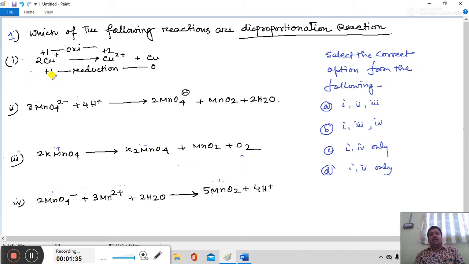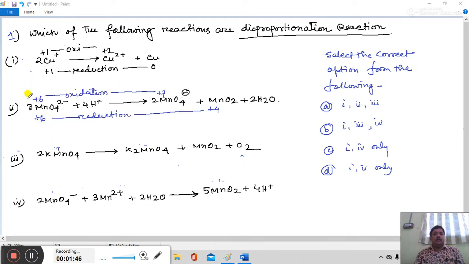So the same atom, copper, undergoes oxidation as well as reduction. So equation 1 is an example of a disproportionation reaction. Now in equation 2, the manganese atom undergoes oxidation from +6 to +7 state, and this manganese atom undergoes reduction from +6 to +4 state. So equation 2 is an example of a disproportionation reaction.